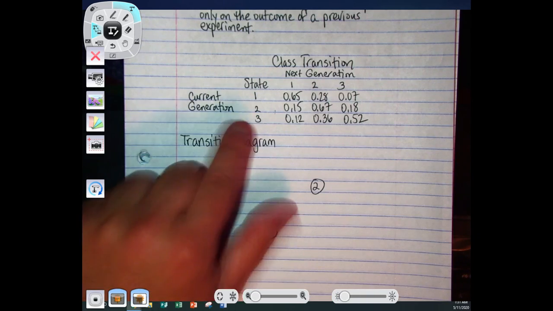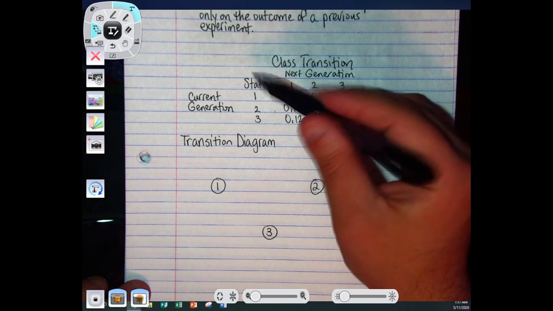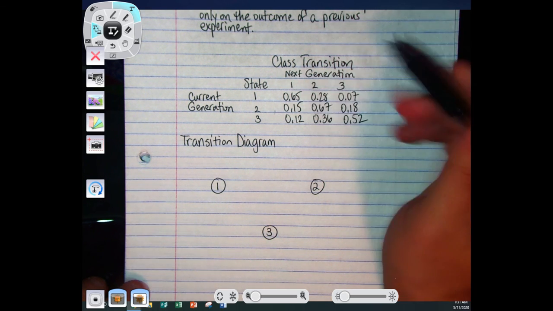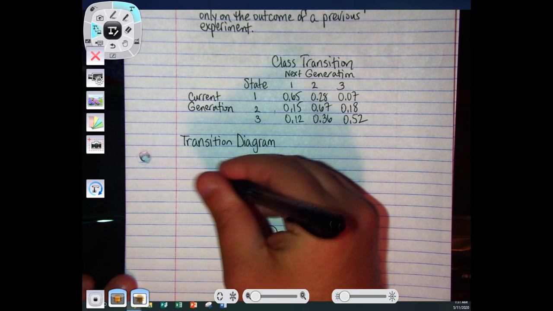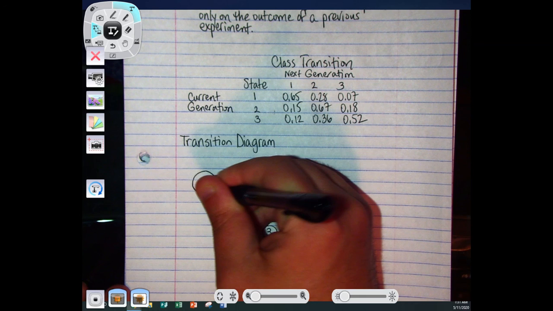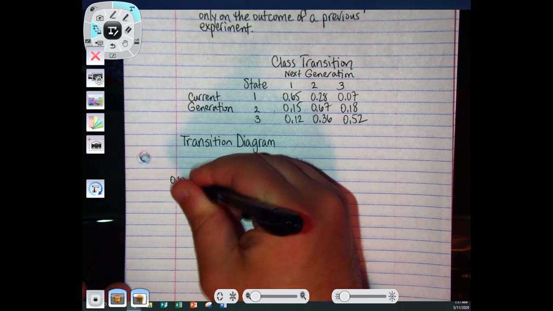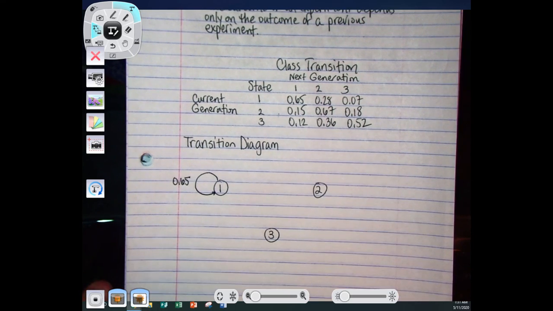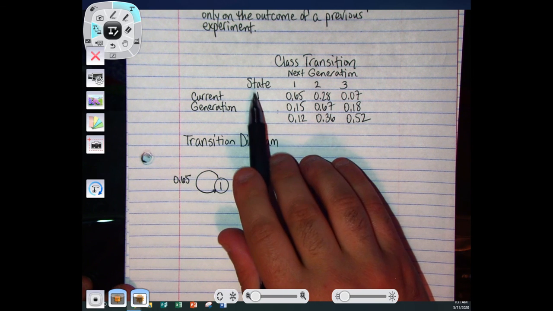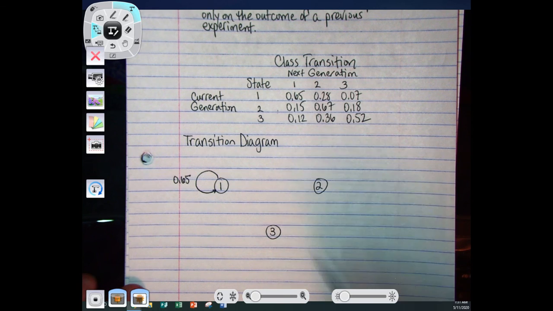Based on the information we were given, the probability of staying in state 1 for the next generation is 0.65. To express that, we will just sketch an arrow like this and write the probability on the outside, 0.65. Now, to transition from state 1 to state 2, that's a 0.28 probability.